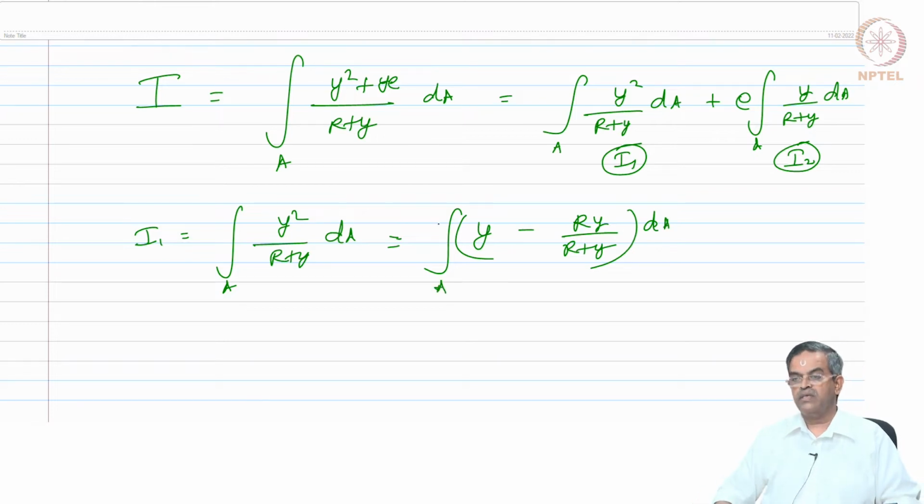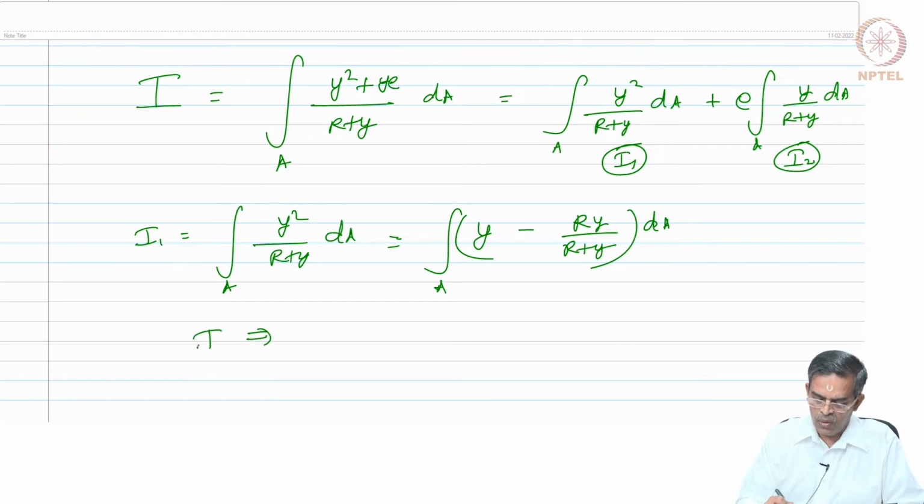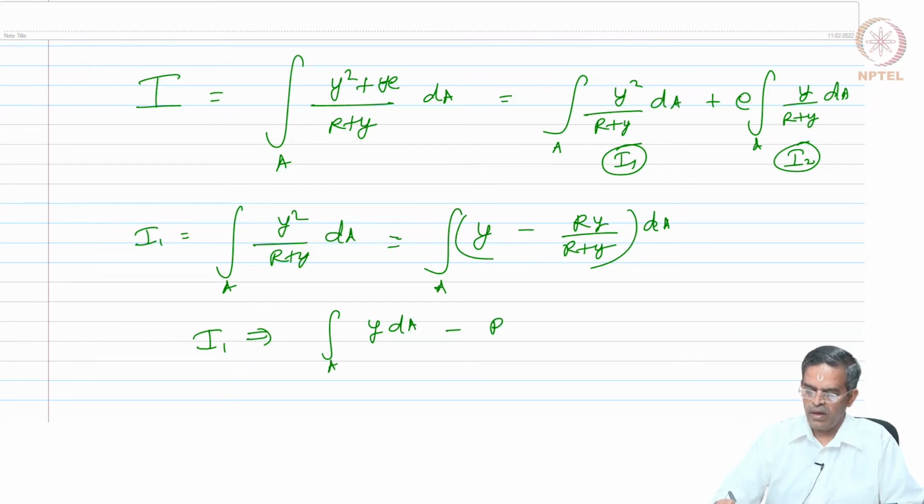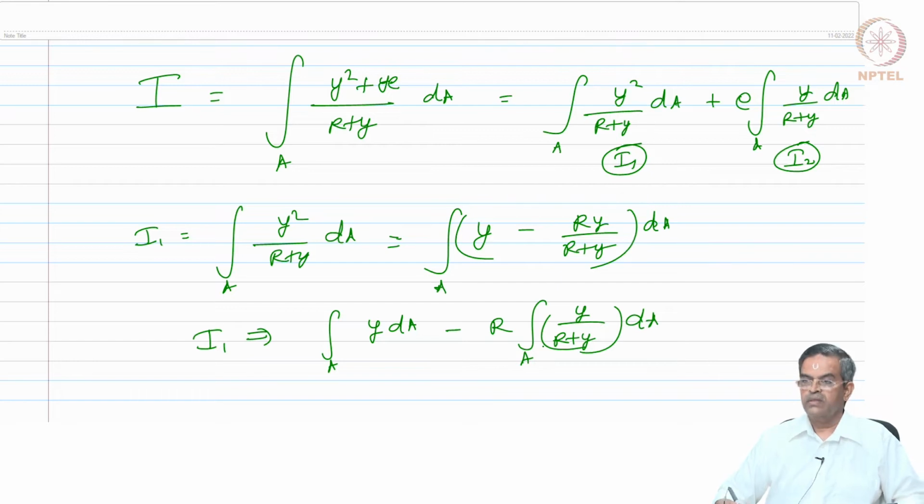You can multiply and see, you will get the numerator as y square. Now I1 can be split into two integrals: y dA over the area A, minus r times the integral of y by r plus y dA over the area. Am I right? This is where we left, and I hope you would have done the integration by this time and substituted back in the original equation. You must have got the I value. Let us continue from this point.